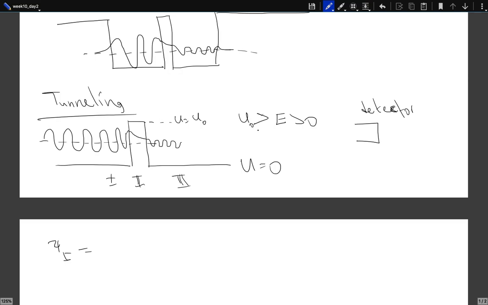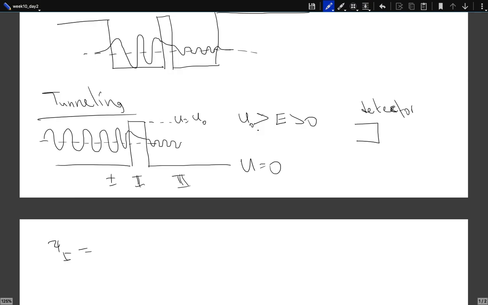So I'm sending a particle whose energy, classically speaking, is not enough to overcome that barrier. So think of it like this. There is a hill, and you just send a mass towards the hill, but the energy of your mass is not enough to just roll over the hill.